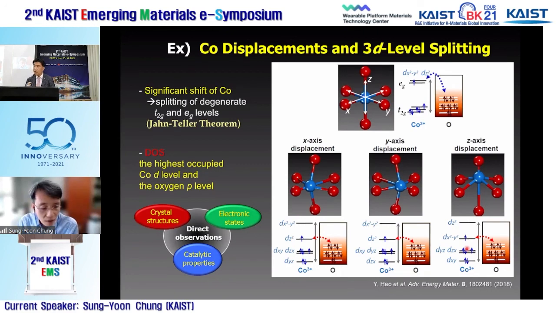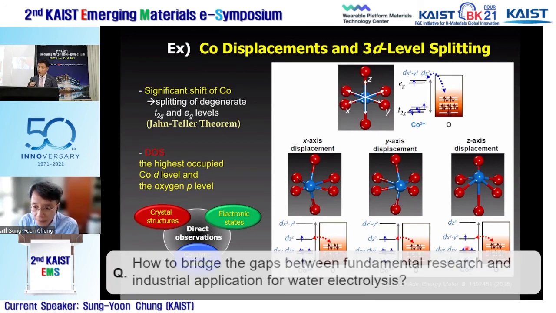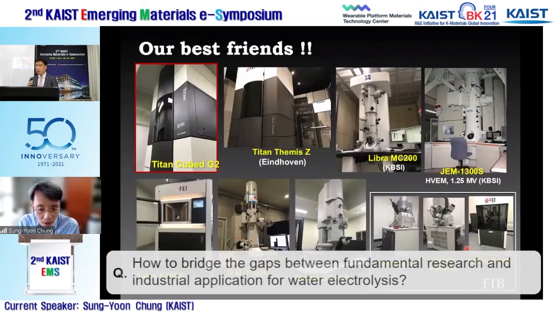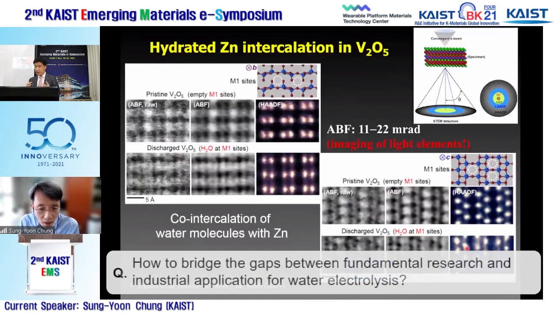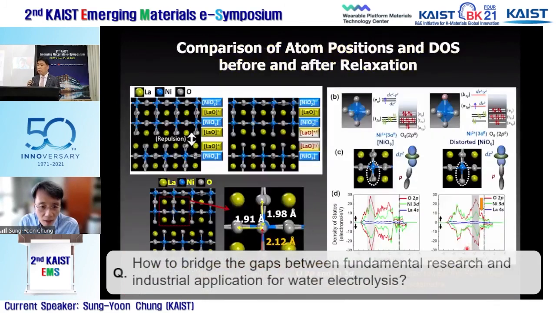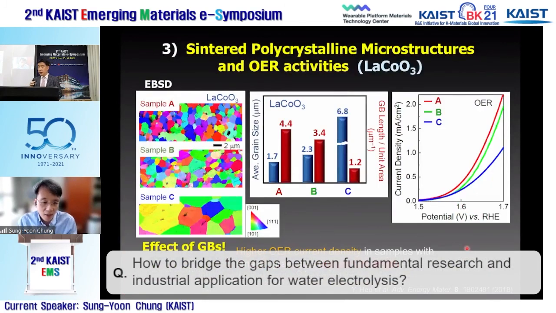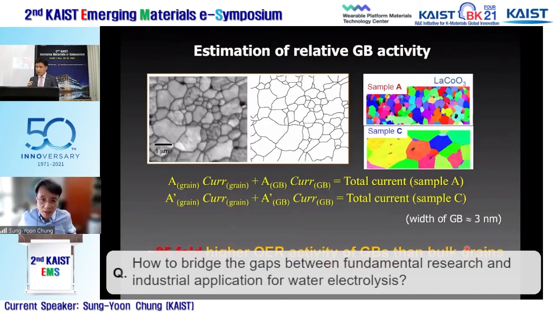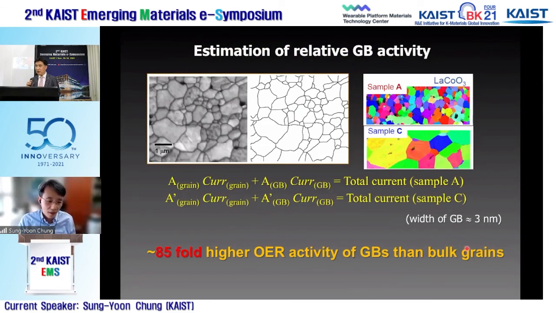Okay, another question. You introduced lanthanum cobalt oxide, the solid state reaction, sintered, as an oxygen evolution catalyst, and you told us about the 85-fold enhancement in the catalytic activity. Is it possible to maintain an exceptionally high grain boundary density for further improving the OER activity?